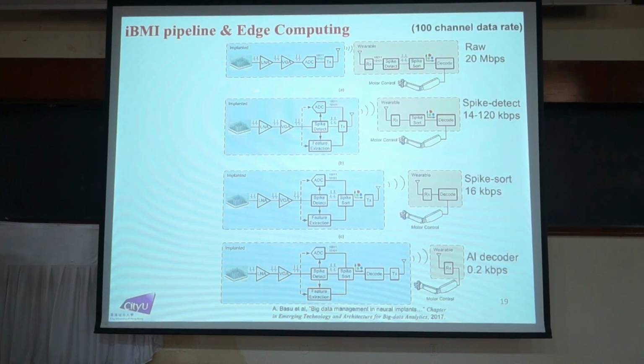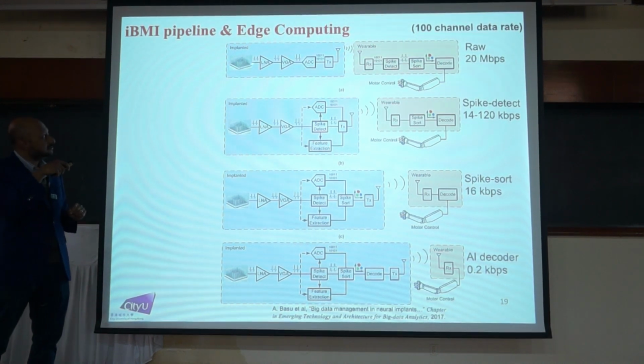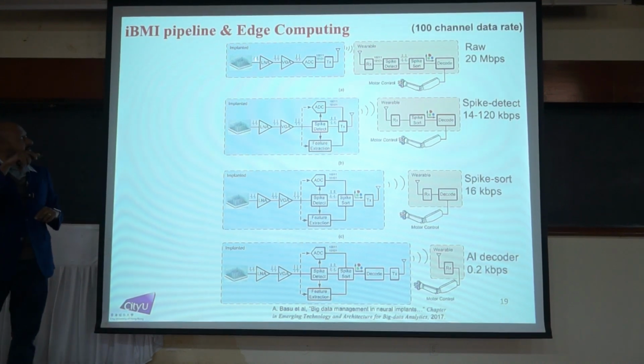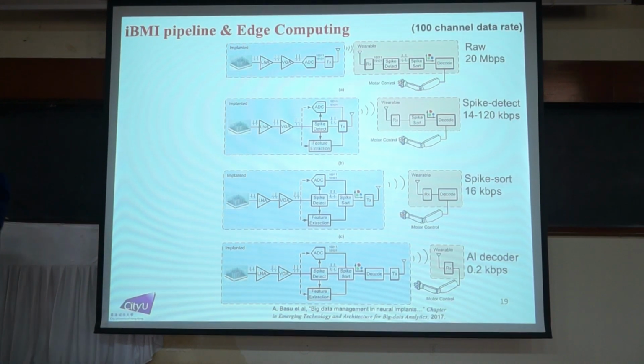A typical conventional system goes like this. From the probe, you have some amplifiers which amplify these tiny spike signals, these blips that you see here. These spikes can be anywhere from about 20, 50 microvolts to 200 microvolts. So you need to amplify them, then digitize them and transmit.